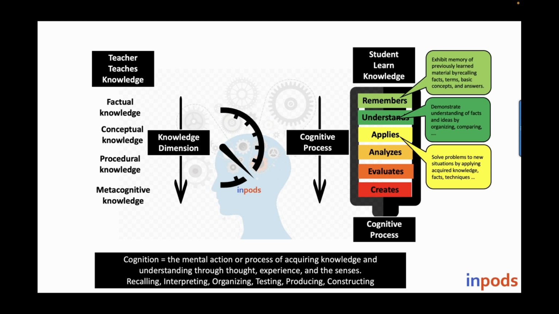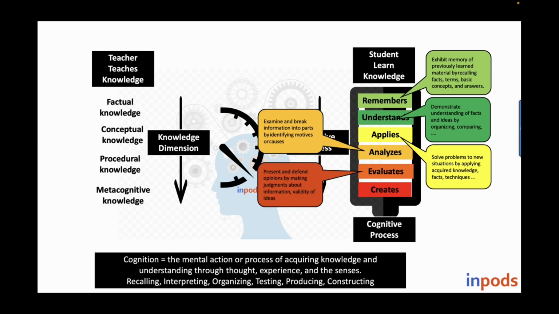So, if I know how a Wi-Fi connection has to be set on an iPhone, and I use that experience to set the Wi-Fi connection on my Android phone, it is applying that knowledge to a new situation. Analysis is essentially examining and breaking information into parts by identifying motives and causes.